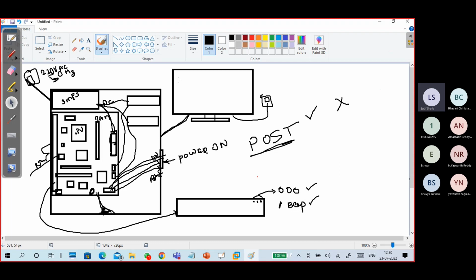The third one is on your monitor screen, where some indication will be there. At least how to go to BIOS setup, boot menu option, or a logo. Not the Windows logo, but a logo like the Lenovo logo, something BIOS related or PC related.